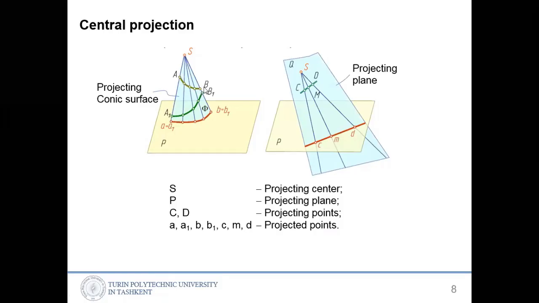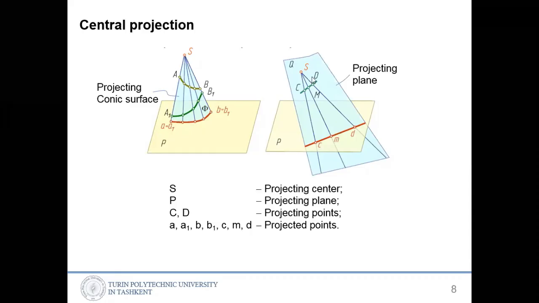We can make many points on the curve, and then by using rays from S to that point, we generate a ray until it intersects the plane P. Then the point A1 can be generated here, and another point, and so on. So many intersection points can be found as projections on P. And then if you connect them, that will be the projection of the curve onto the plane P.